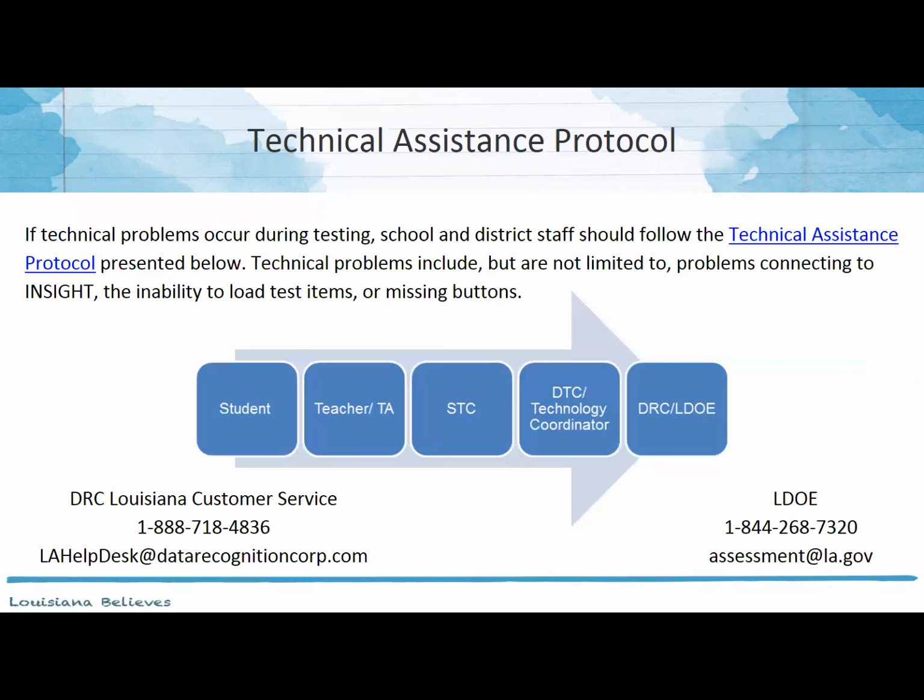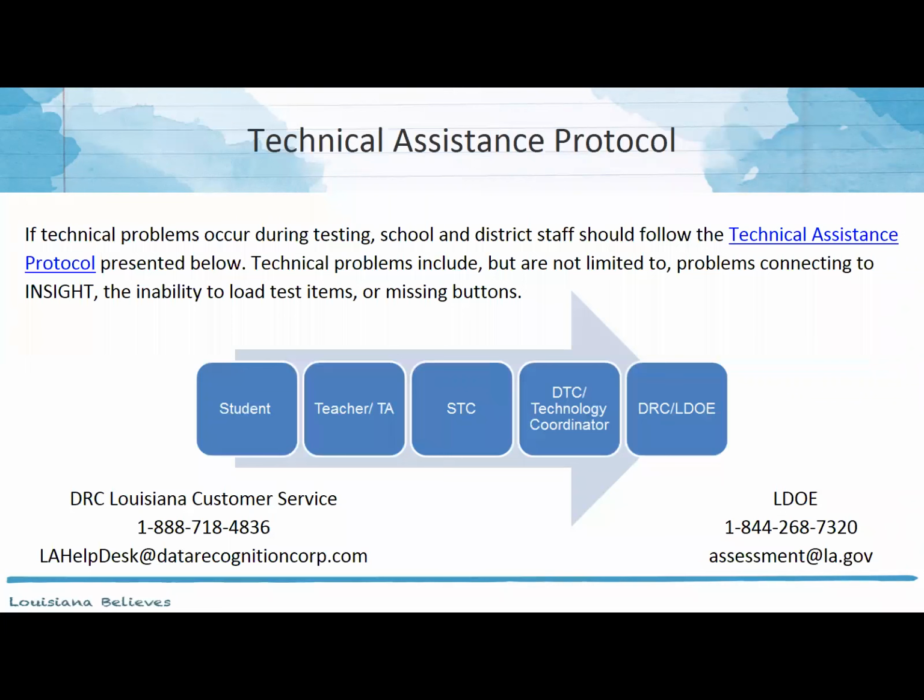There's plenty of resources, as I've mentioned earlier. You all have made things as well, so they should try to do what they can at the school before they contact the district. Then, if they cannot fix the problem, they should contact the district, meaning you or the technology coordinator or whatever system you have already set up with your teams.